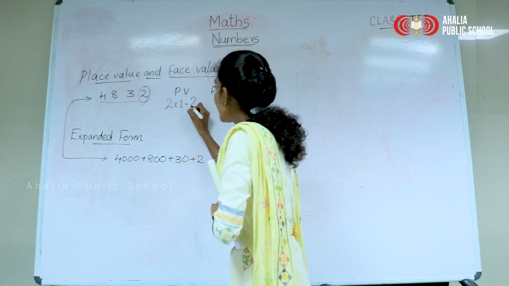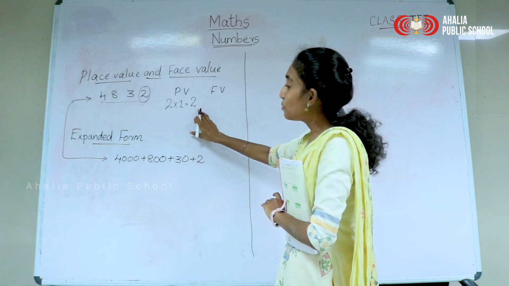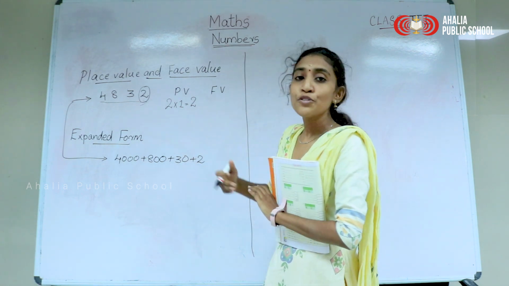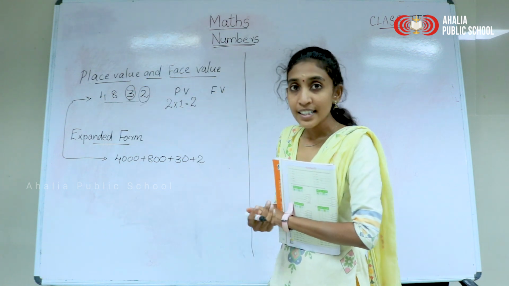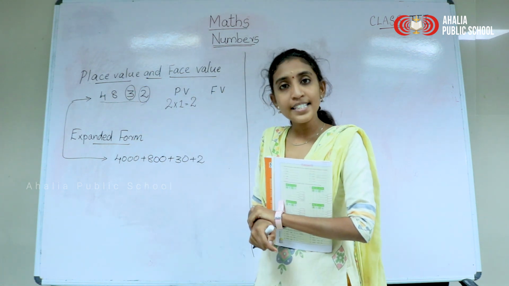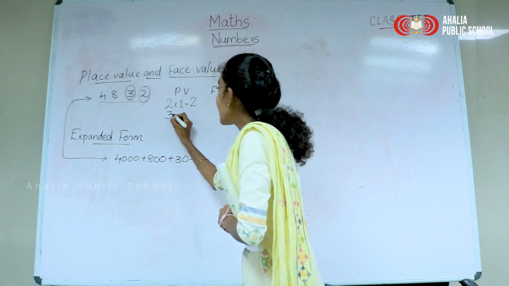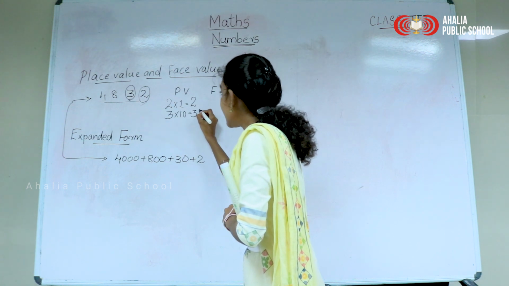So the place value of 2 is 2 into 1 equal to 2. And now tell me what is the place value of 3? 3 is in which place? 10's place. So what will be the place value? 3 into 10. That means 30.